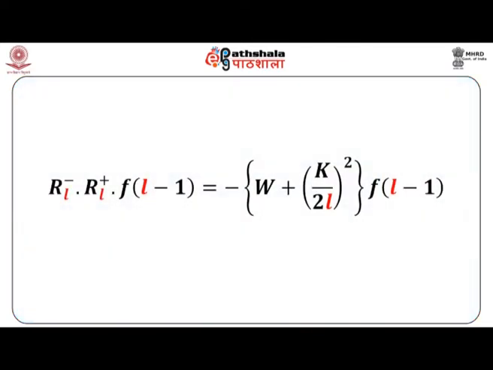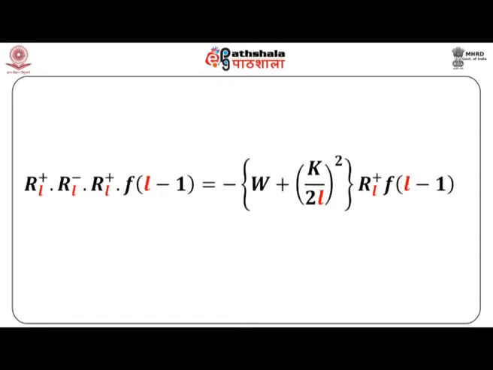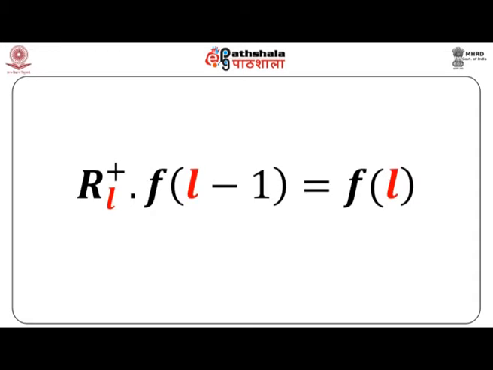Now if we operate the equation RL minus RL plus Fl minus 1 equals minus W plus K by 2L whole square in Fl minus 1 with RL plus, then you can see we get this equation, and this, if it is compared with our earlier equation, we will get RL plus Fl minus 1 is equal to Fl.